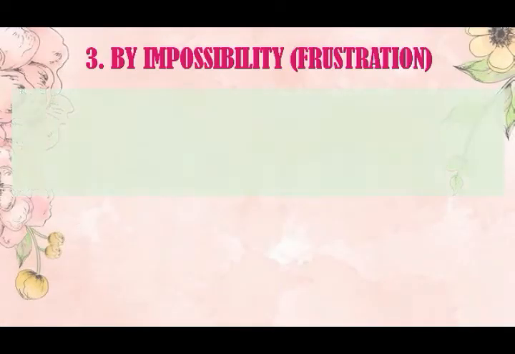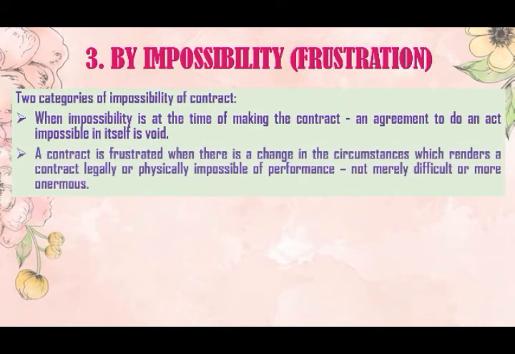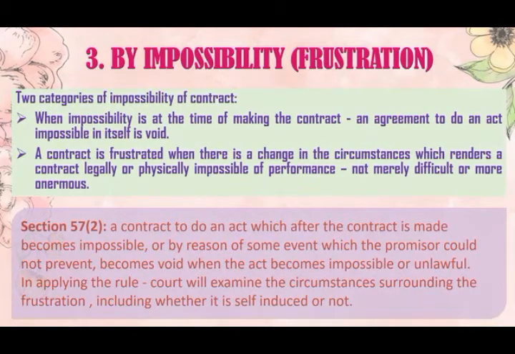Discharge of contract by impossibility or frustration. There are two categories of impossibility of contract. First, when impossibility is at the time of making the contract, an agreement to do an act impossible in itself is void.